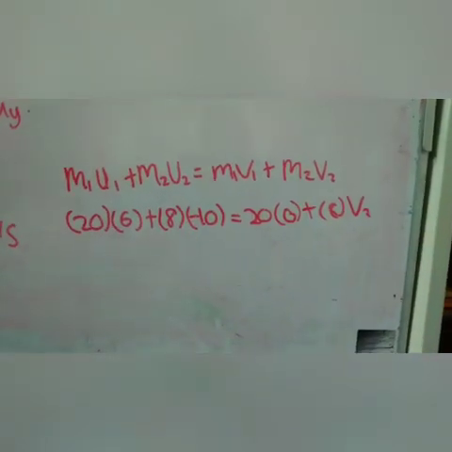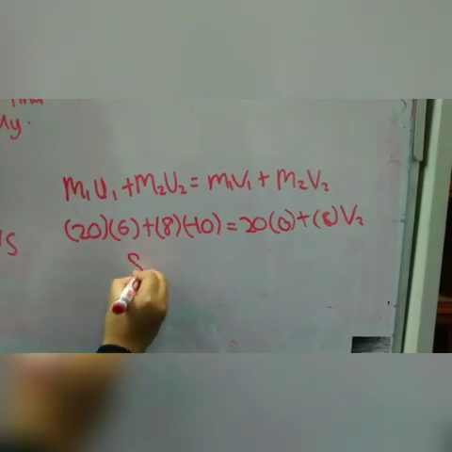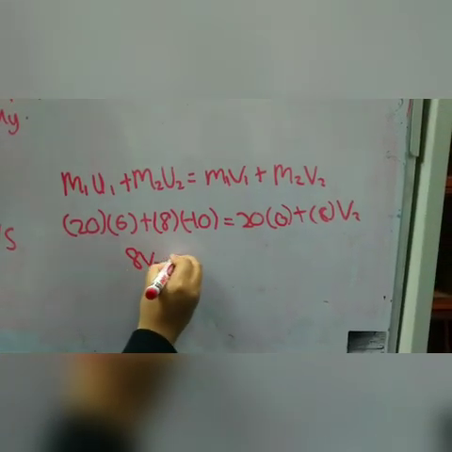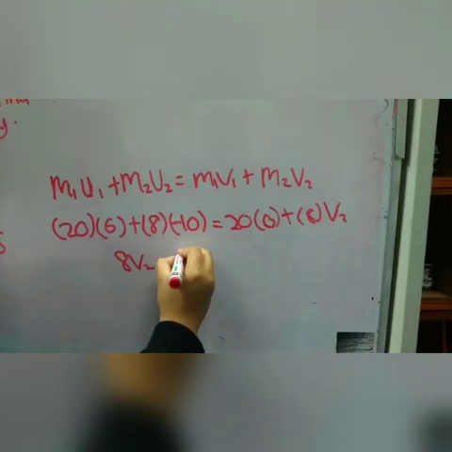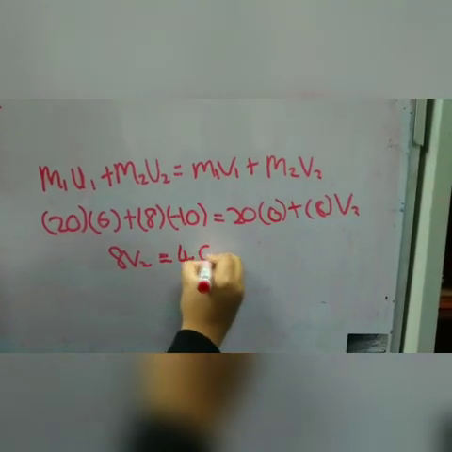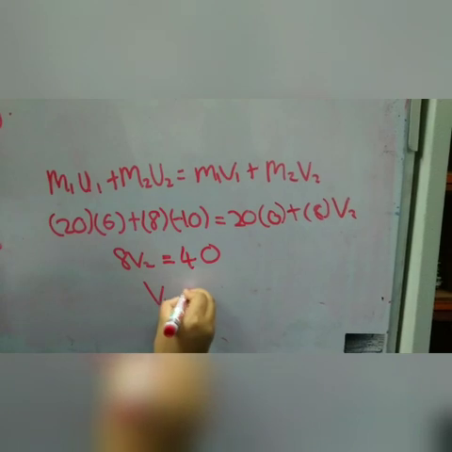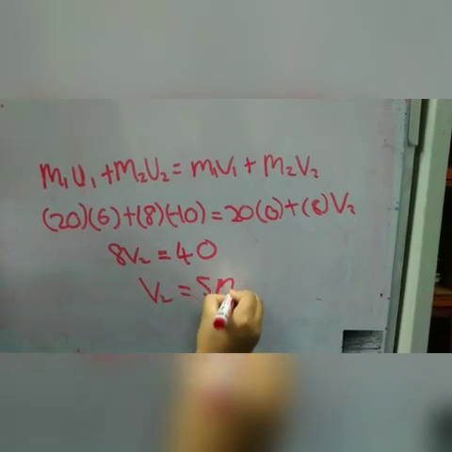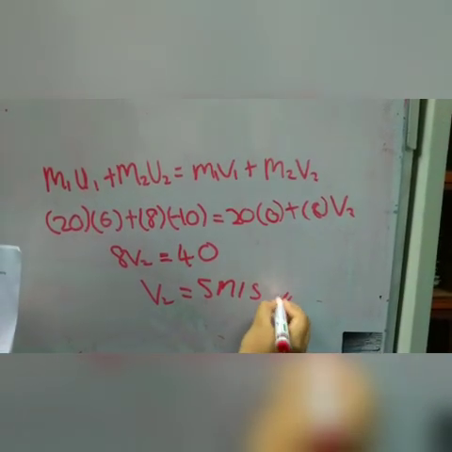After we calculate it, we get 8 V2 equals 40. So V2 equals 5 meter per second. So this is the final answer.